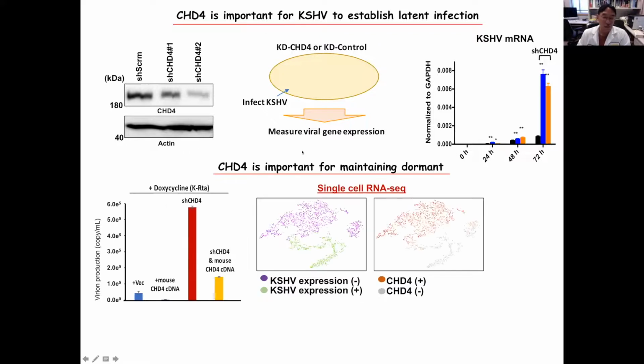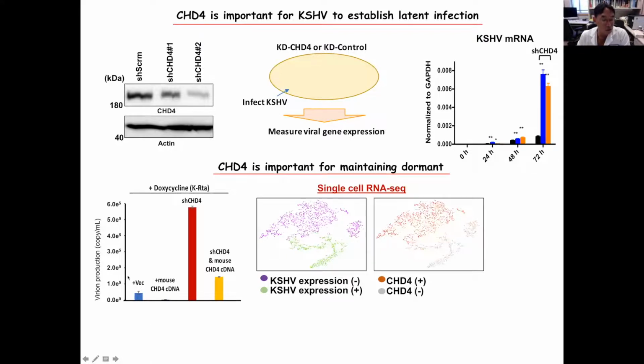And then next, we looked at how the dormant KSHV is maintained. So we used already latently infected cells, then induced the RTA transactivator expression inside the cell to reactivate KSHV. At the same time, we put in the mouse CHD4 cDNA to overexpress CHD4.